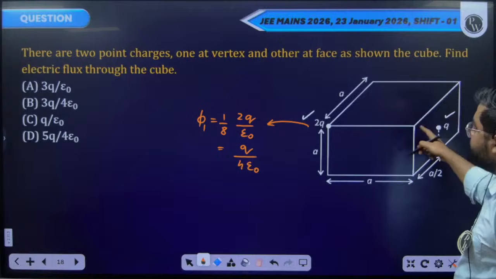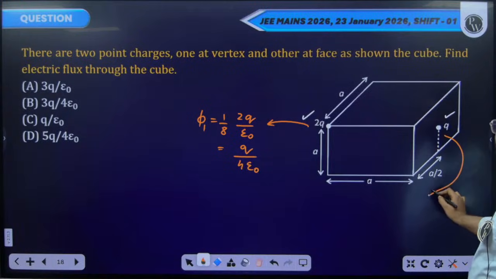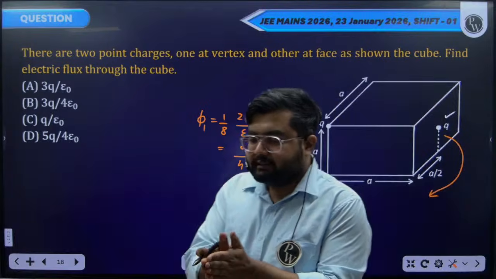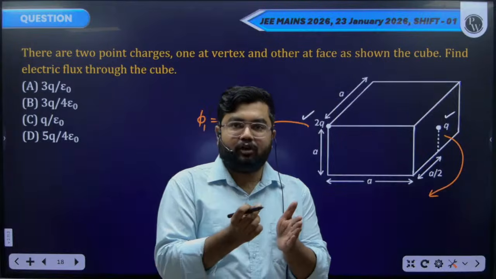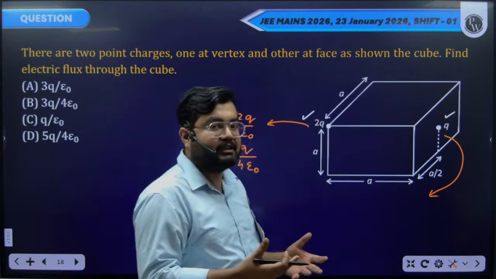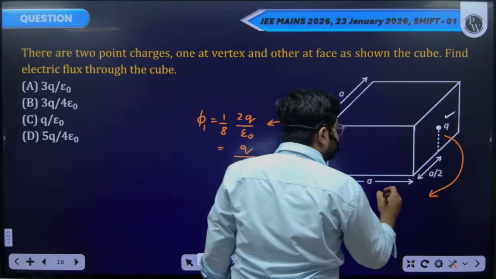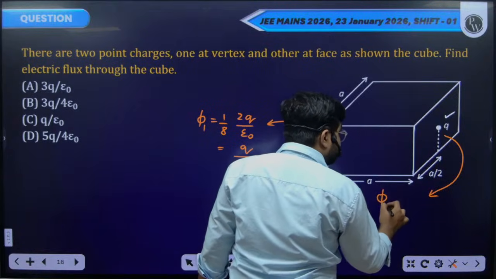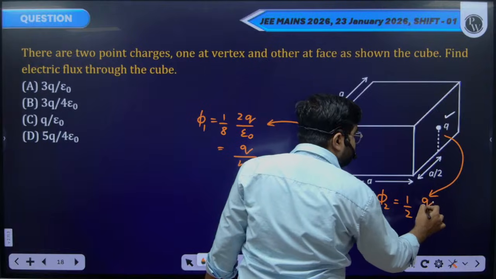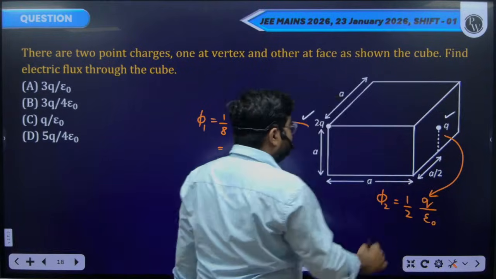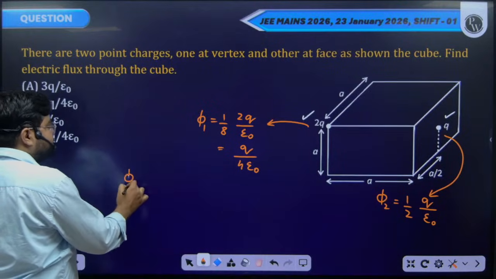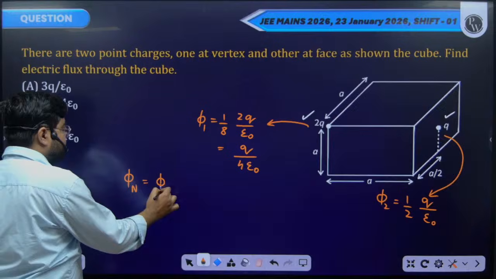And what about the face one? This will also contribute some flux to this cube. If we place two cubes side by side, the charge at the common face center will share half of its flux in each cube. So by that analogy, the flux shared here will be half. Now we can get the net flux as phi1 plus phi2.